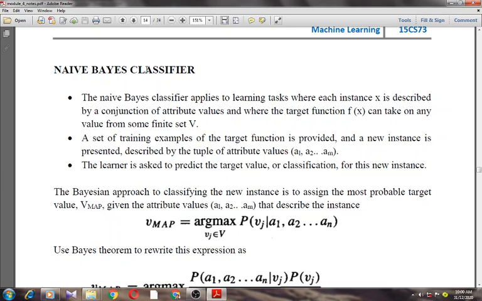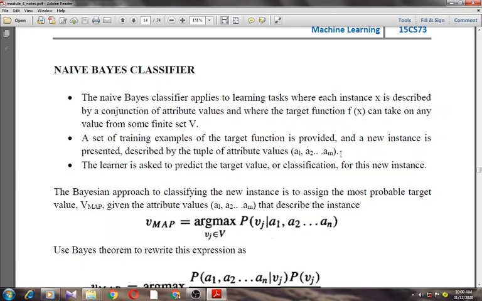The Naive Bayes classifier applies to learning tasks where each instance x is described by a conjunction of attribute values, and where the target function f(x) can take on any value from some finite set V. A set of training examples of the target function is provided, and a new instance is presented, described by the tuple of attribute values a1, a2, up to an.